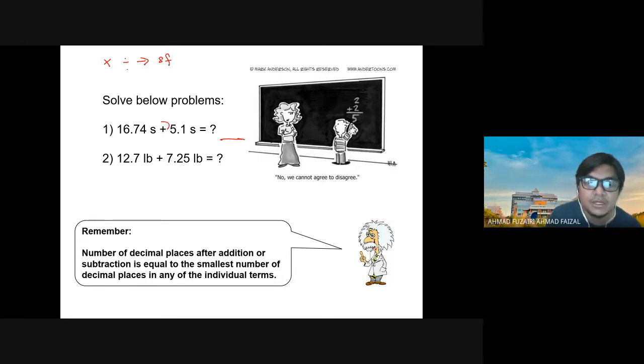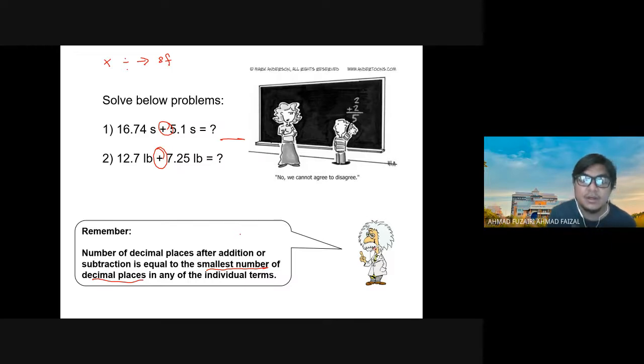This operation involves addition. Remember, the number of decimal places after addition or subtraction is equal to the smallest number of decimal places in any of the individual terms.